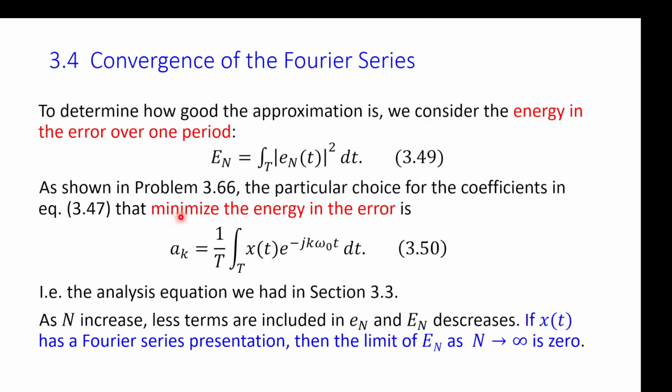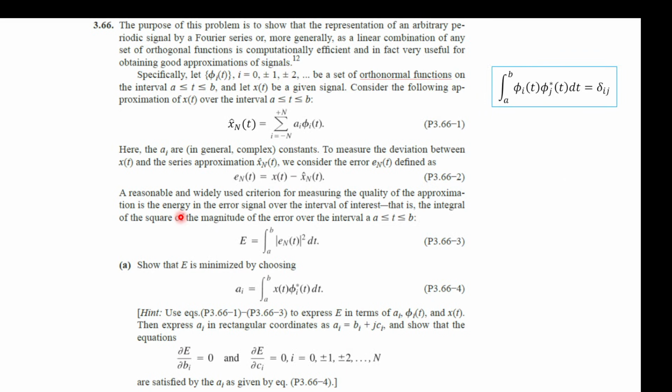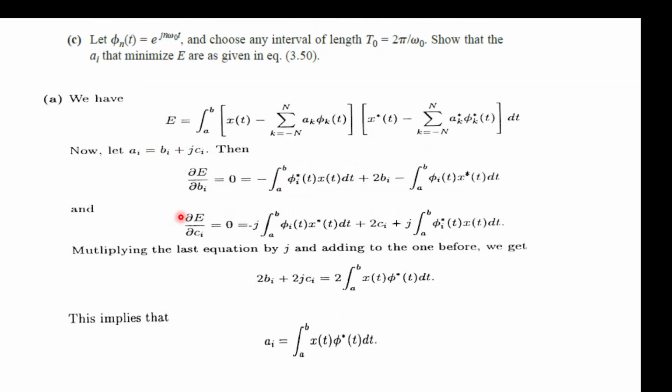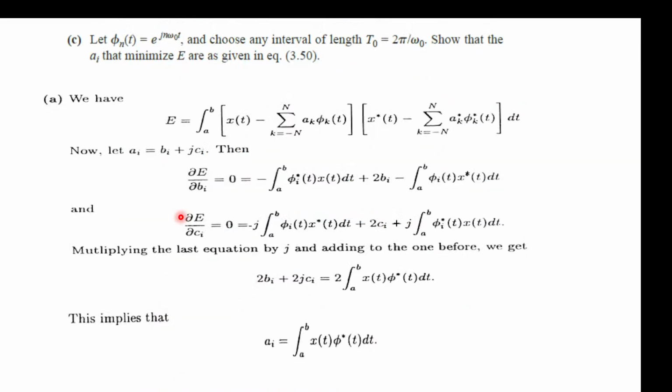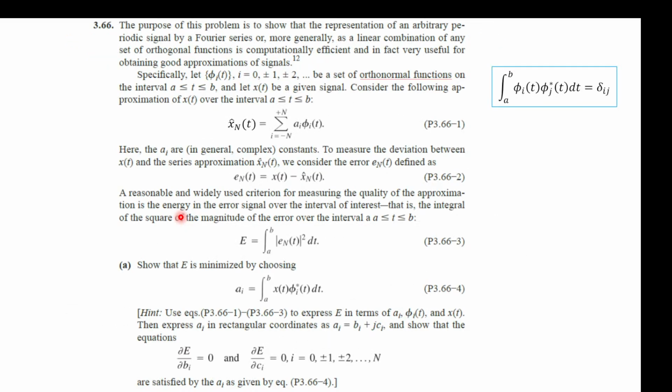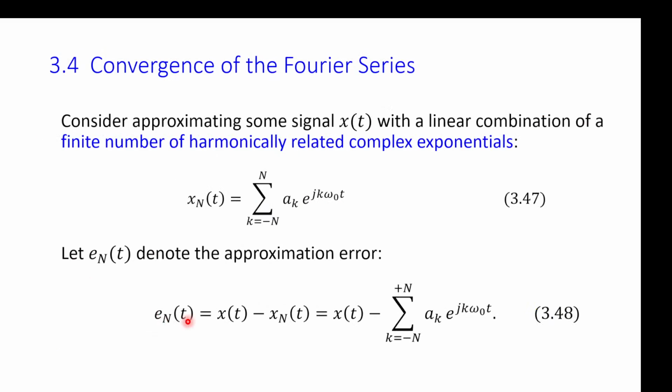And the proof is kind of long, it's 3 pages here, and we won't go into detail. You can read the slide later. I should have corrected all the errors, so it should be correct. Anyway, the idea of the convergence here is that as N increases, you are adding more and more terms.